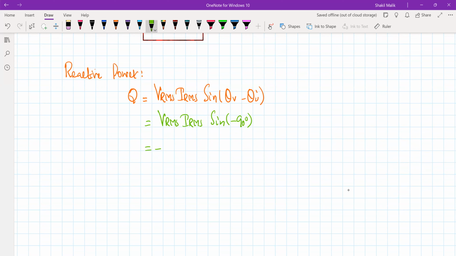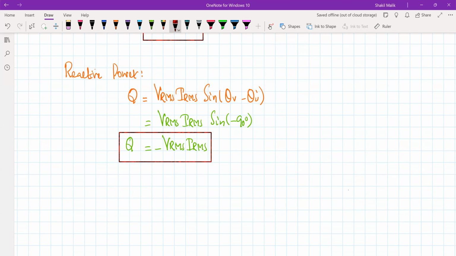So it will be minus Vrms Irms. So Q is simply this. So Q of a capacitor is negative. The power stored in the capacitor is simply minus Vrms Irms.